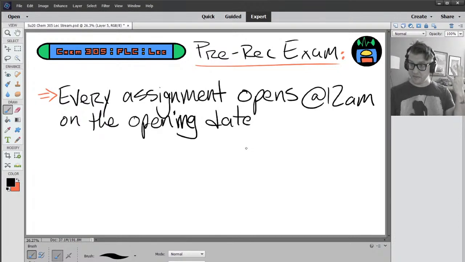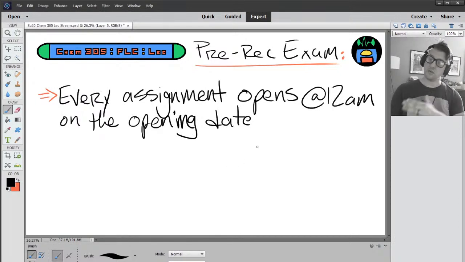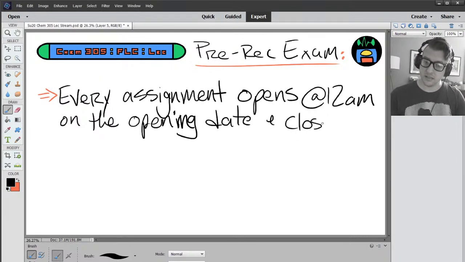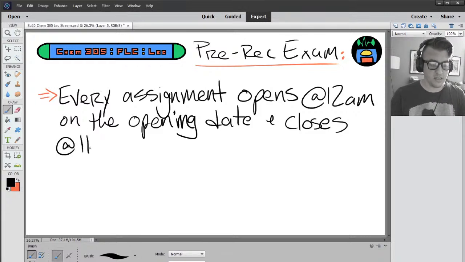So it opened at 12 a.m. this morning. The pre-req exam opens on the 8th, closes on the 9th, and it closes at 11:59 p.m. on its closing date.